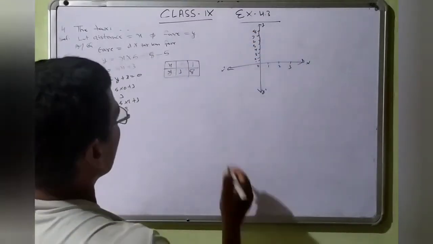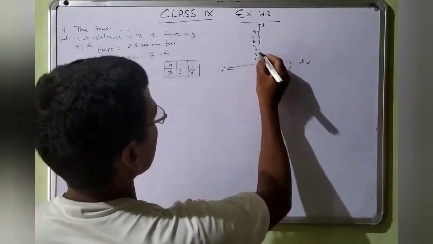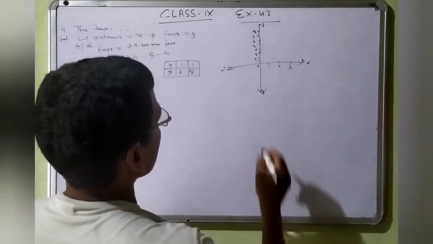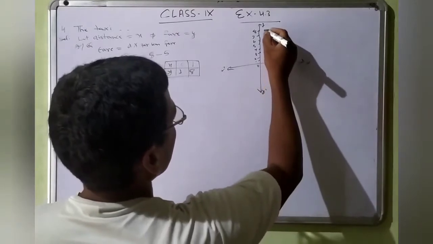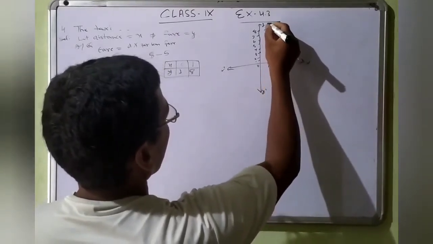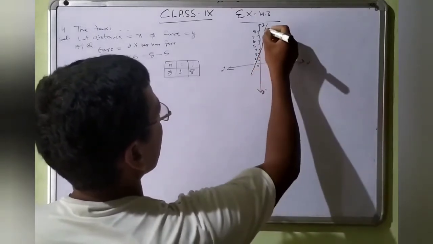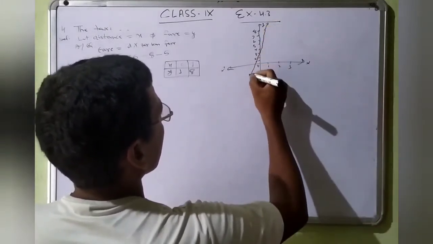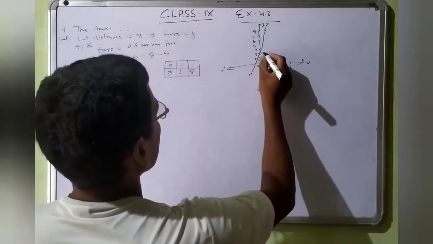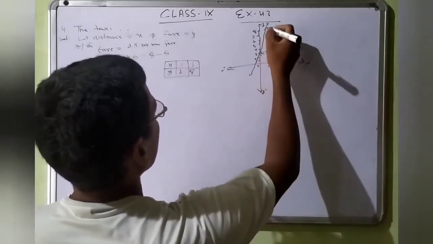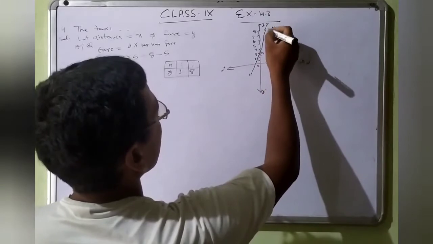So x is 0 and y is 3, x is 1, y is 8, and draw a line passing through both points. Here we will write 0, 3. Here we will write 1, 8.